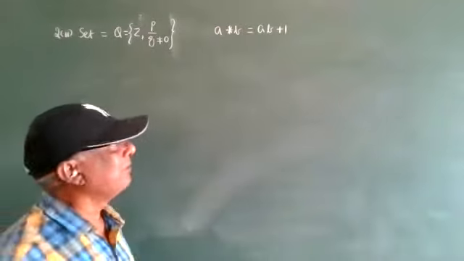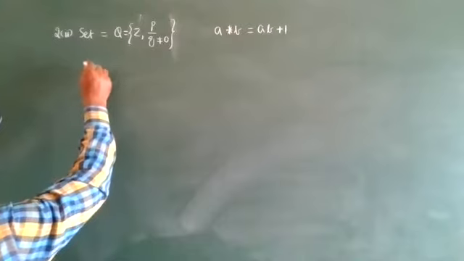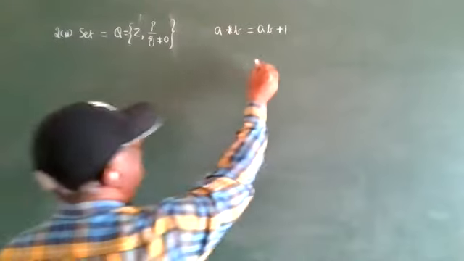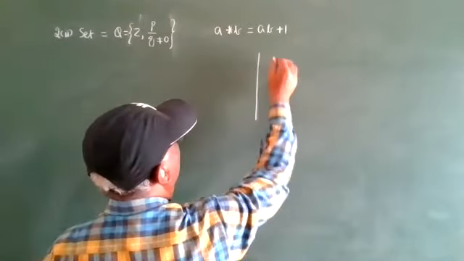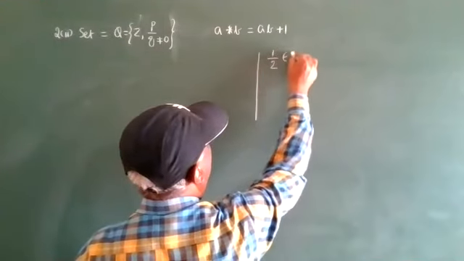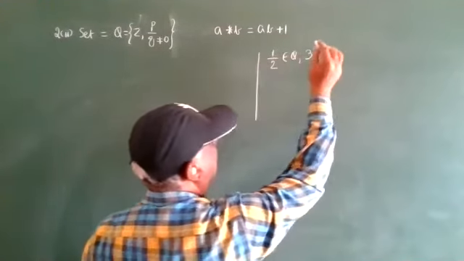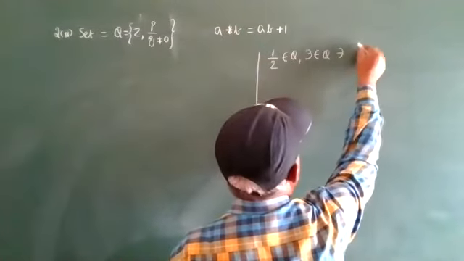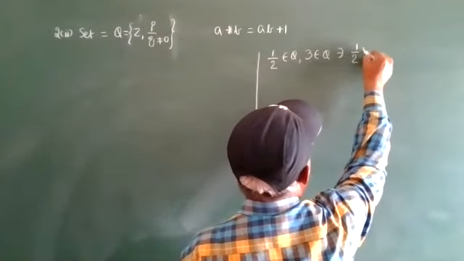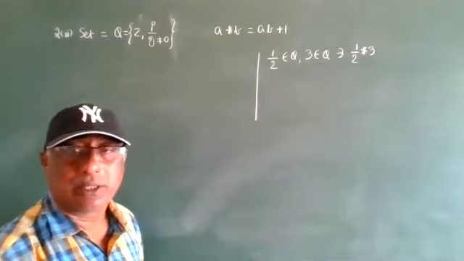Right. Everyone see, second problem is binary operation. First I will take an example. 1 by 2 belongs to rational numbers, 3 belongs to rational numbers, such that 1 by 2 star 3.